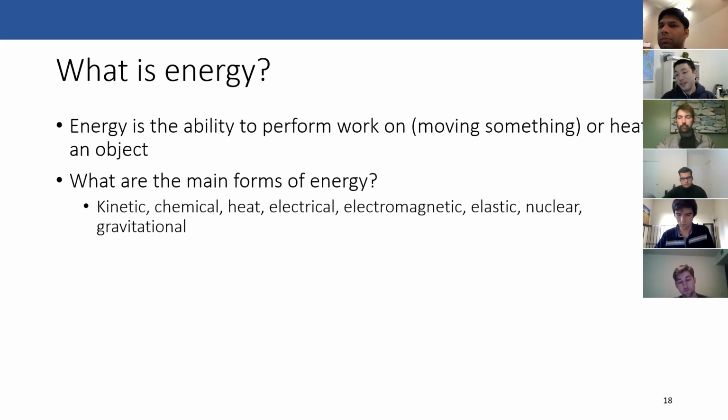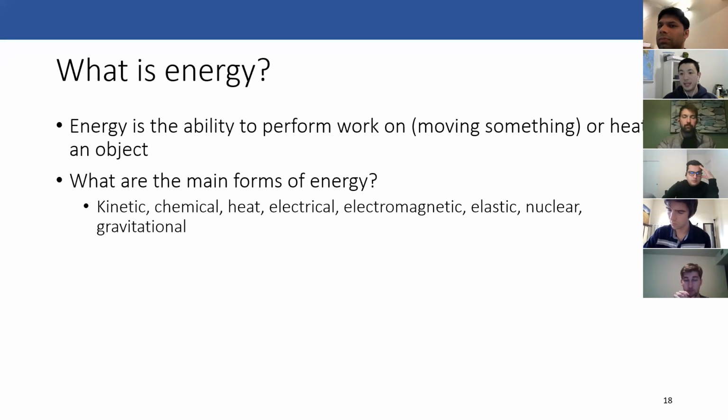We're talking about an energy transportation modeling course, and so we have to know what energy is fundamentally. It's the ability to perform work, which basically means you can move something, right? Or heat an object. What are the main forms of energy?